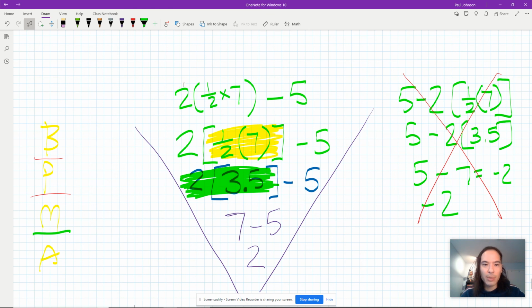So I wrote a problem that was I need to multiply 1/2 times 7 first, then multiply it times 2 minus 5. That was the problem that I came up with right here. And in fact, it was not that far off from the problem they came up with right here. Like I said, those two things look a little bit different, but mean the exact same thing.